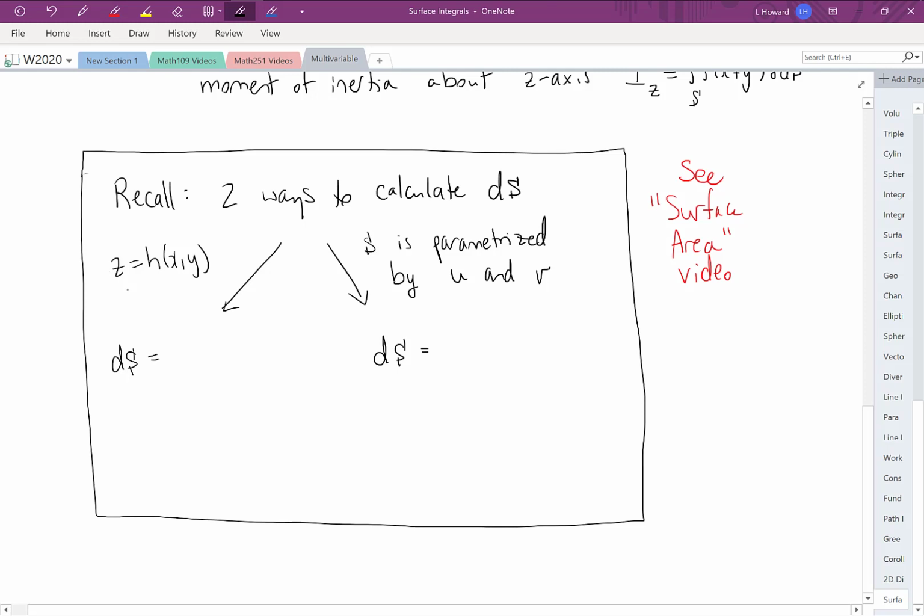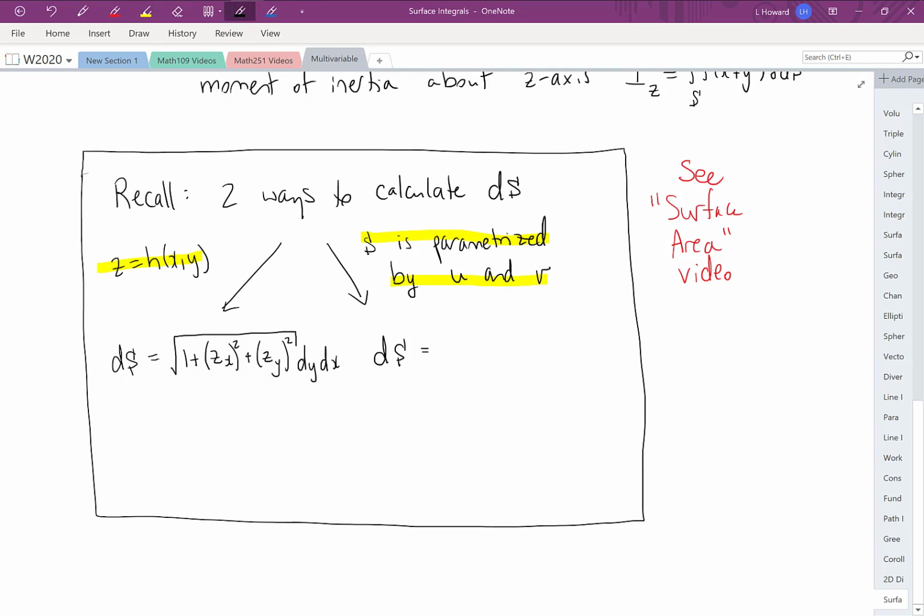In the first situation where z is an explicit function of x and y, d capital S looks like a certain square root times dy dx. Under the root, we have 1 plus the partial of z with respect to x, squared, plus the partial of z with respect to y, squared. In the other situation, where we have a parametric surface with parameters u and v, we would be given a position vector for all the points on the surface.